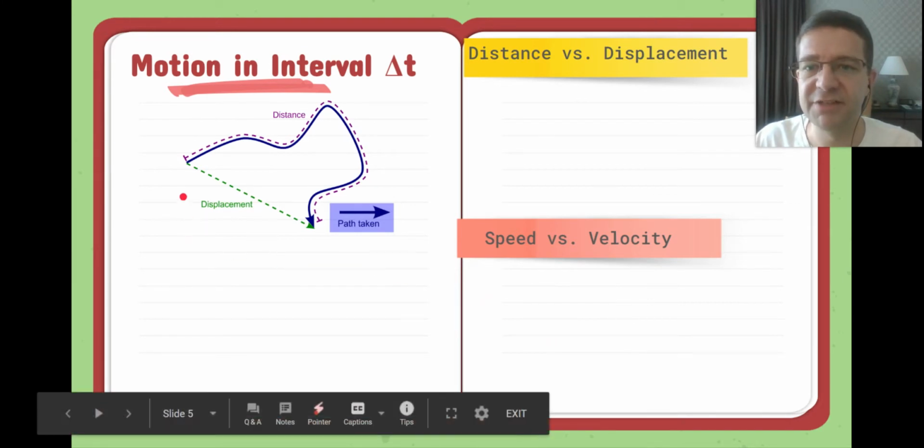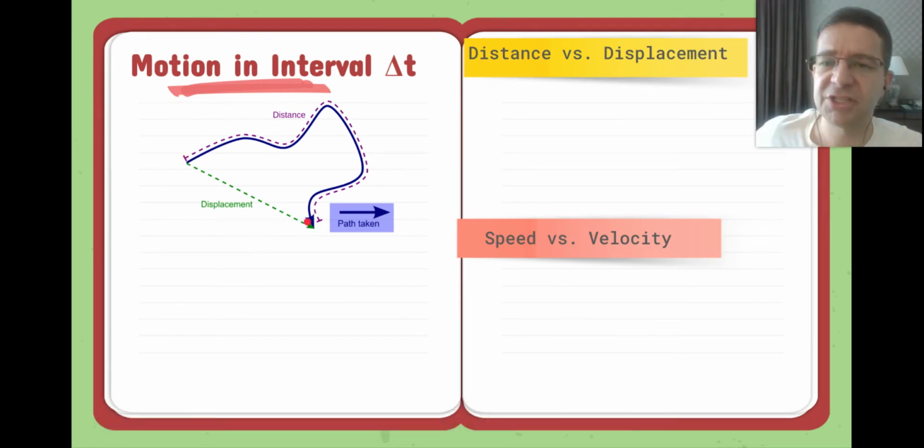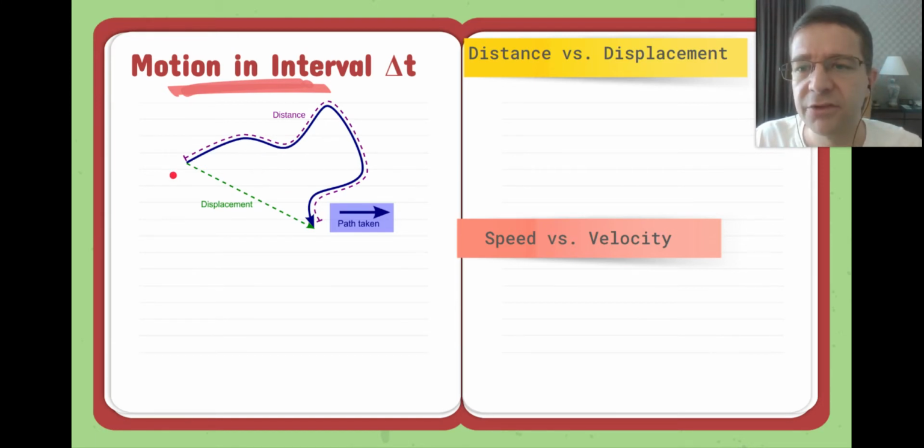Come back to this idea of displacement and distance traveled. Consider motion that takes you from point A to point B. I know that this is in 2 dimensions, but don't worry about that for right now. It's just an easier picture to look at. So you might consider yourself taking a path that follows this purple track here. The distance traveled would be as you measure along that path.